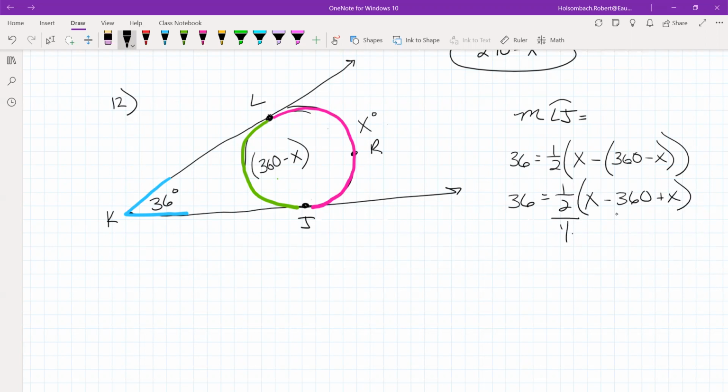Divide both sides by 1/2 again. And combine like terms. So 36 divided by 1/2 is 72 equals 2x minus 360. Add 360 to each side.